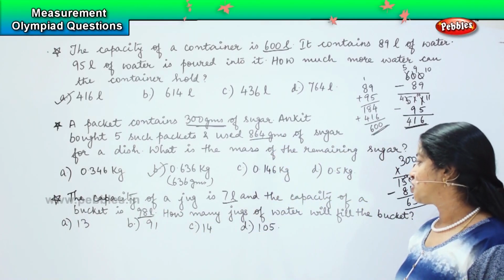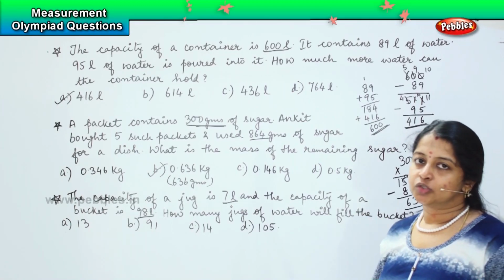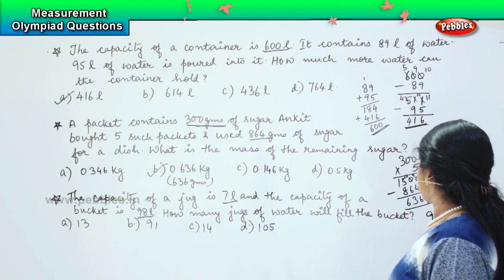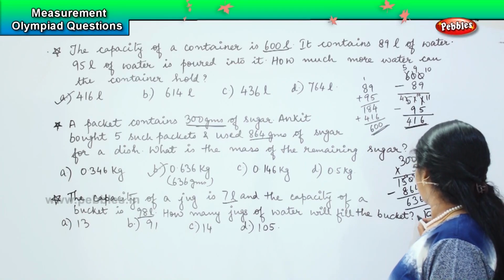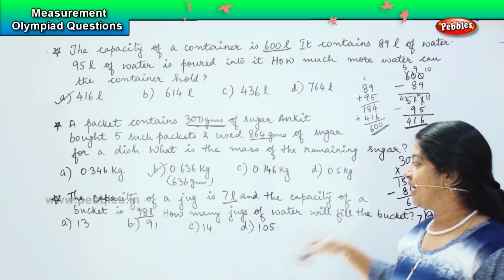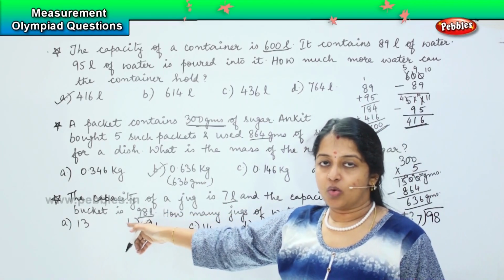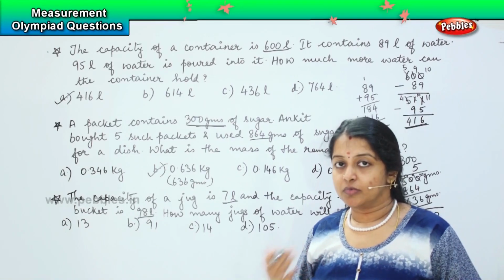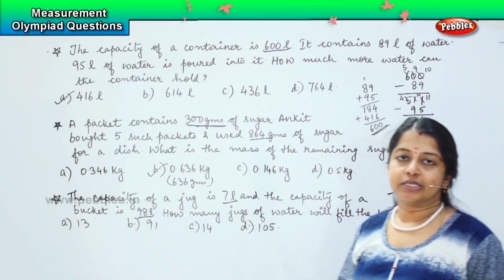Now, the capacity of a jug is 7 liters and the bucket is 98. So, how many jugs of water will fill the bucket? So, it's a simple question again. So, 98 will be divided by 7, because only if we divide the higher quantity with the lower one, it will give me how many jugs I need to utilize in order to fill this bucket.